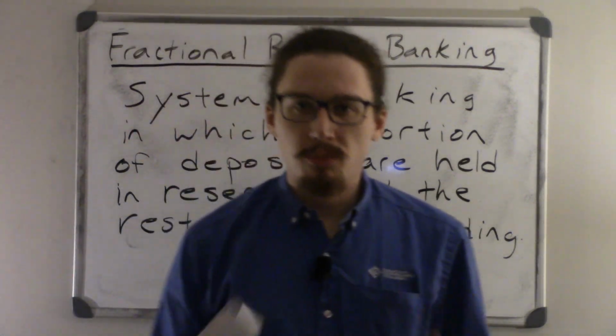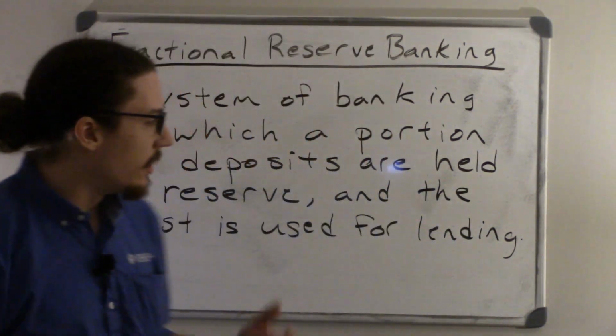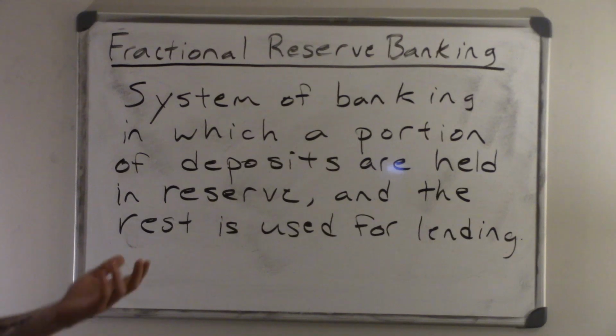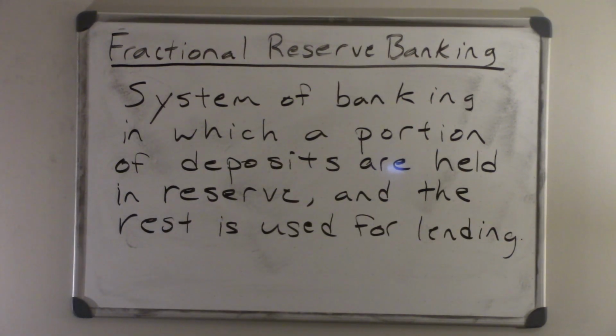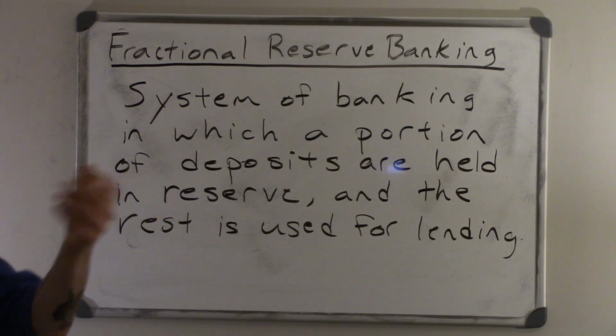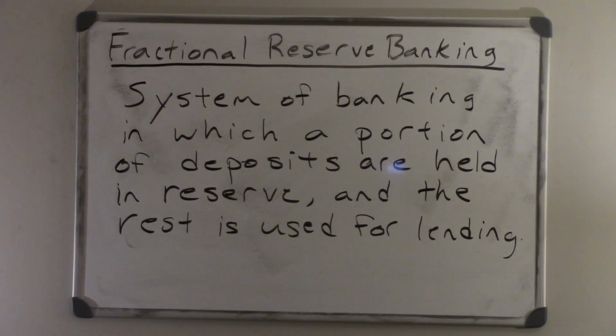The more deposits they have, the more lending they can do, and that's how banks make money, off of lending. So they lend out money from the depositors at the bank to other people. They charge them interest. That's how they get money, and then they give you some of that interest as well.